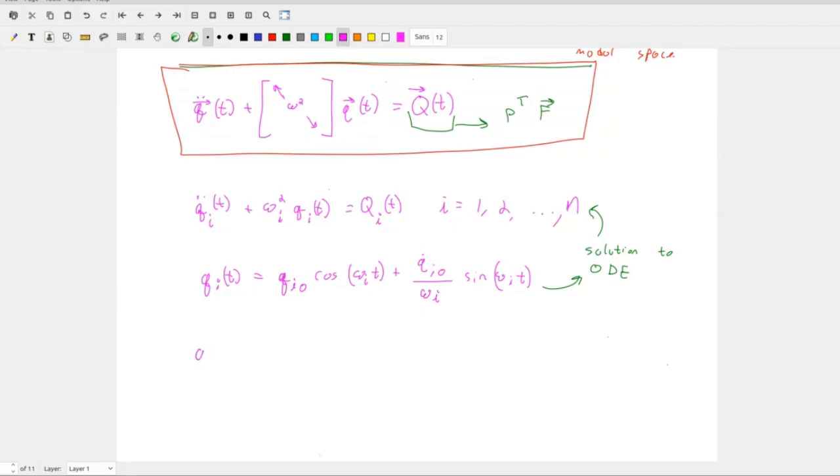right? So Q vector of 0, which is going to be all of our initial conditions for all of our modes, is equal to P transpose M x vector at time 0. You know the initial conditions, and then you just transfer them into the modal space. Make sense? Q vector dot at 0, which is velocity, is P transpose M velocity 0.